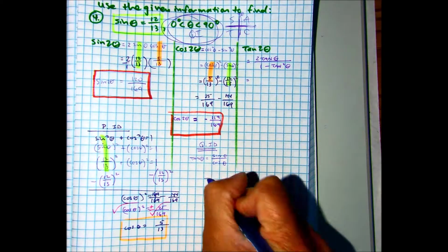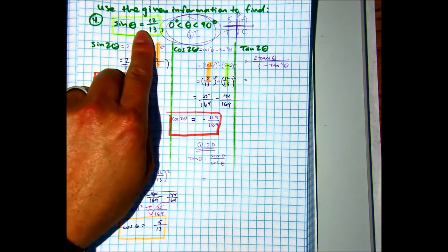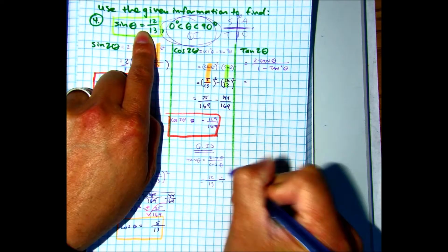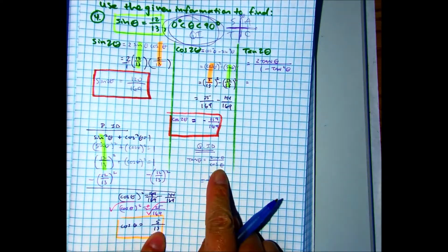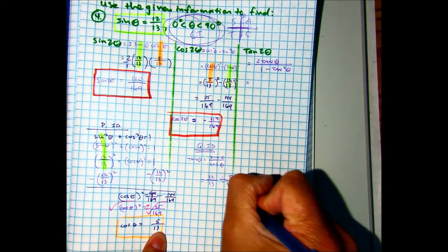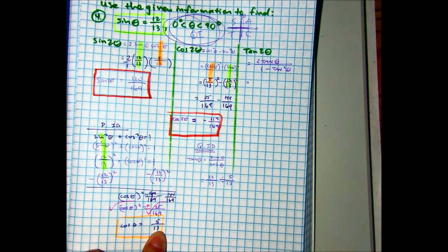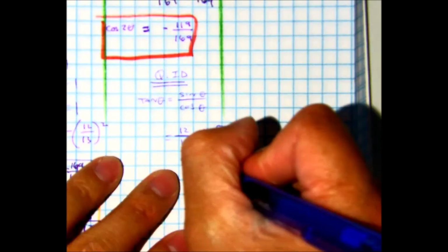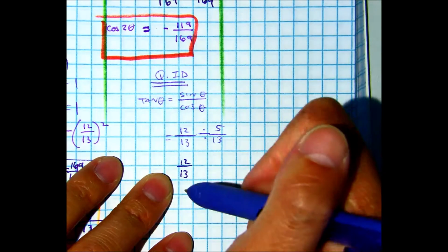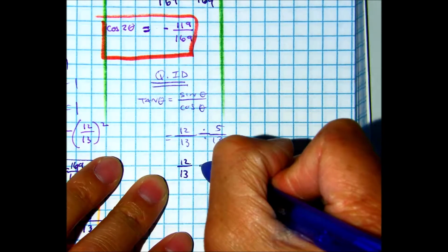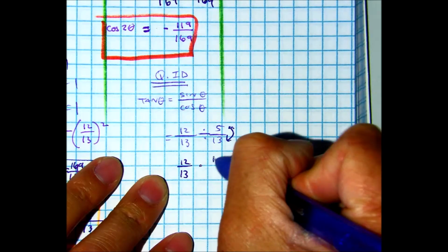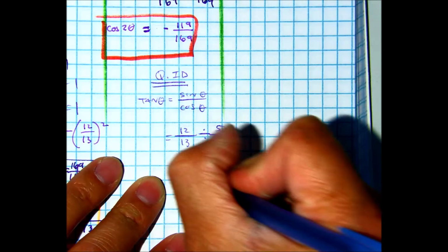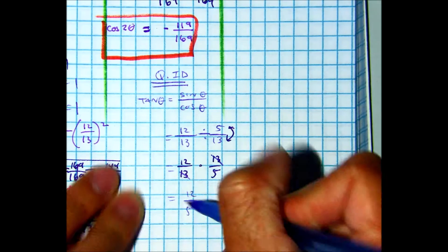Correct. So sine is 12 over 13 divided by cosine, which is 5 over 13. If I simplify this, I'm going to flip those. And you get 12 over 5.